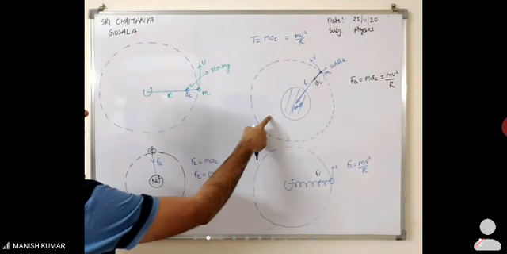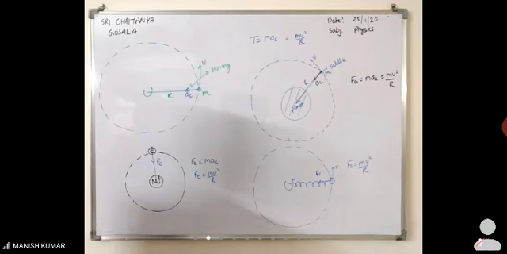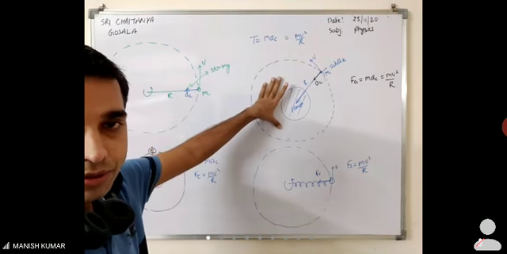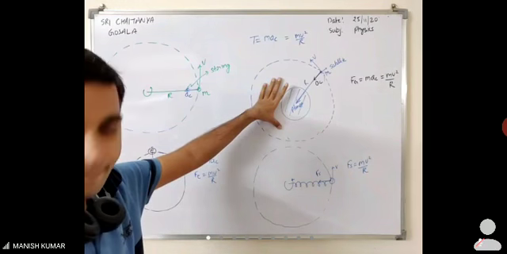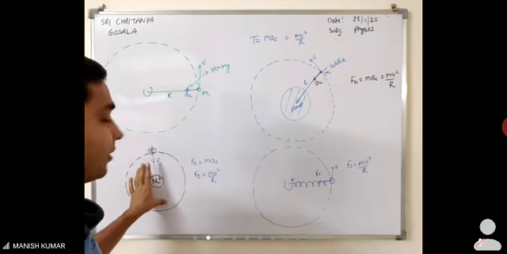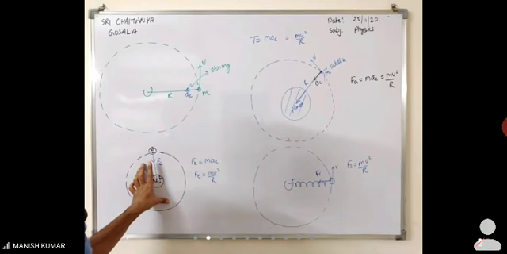Gravitation is acting as a centripetal force. Tension is acting as a centripetal force. Gravitation is acting as a centripetal force. In this case, electrostatic force is acting as a centripetal force.